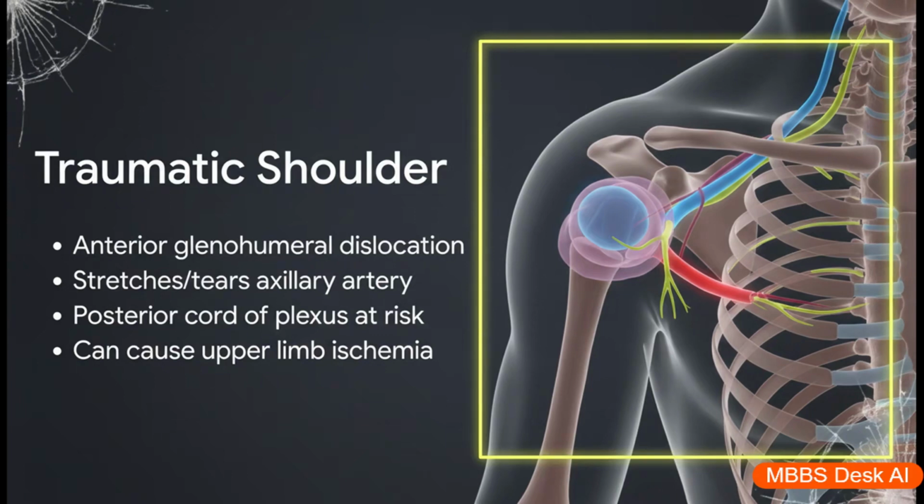Or maybe they have a severe proximal humerus fracture. That displaced bone can brutally stretch and traumatize the third part of the axillary artery. Not only can this cause an arterial tear leading to severe upper limb ischemia, which means a loss of blood flow, leaving a cold, pale arm, but it can also completely crush the posterior cord of the brachial plexus, which sits intimately right behind the vessel here. It's a true anatomical danger zone.